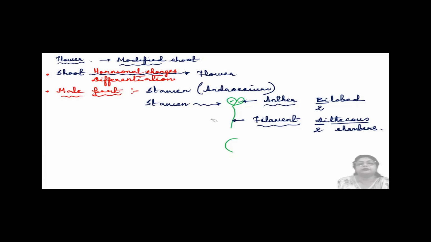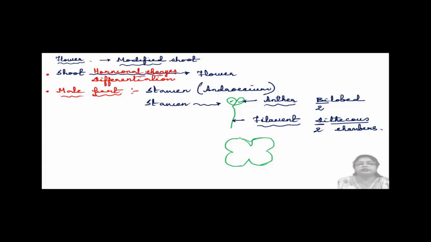That is the main fact to understand. An artistic diagram is not necessary in any CBSE exam, but it should be very scientific and should convey what it is trying to show.